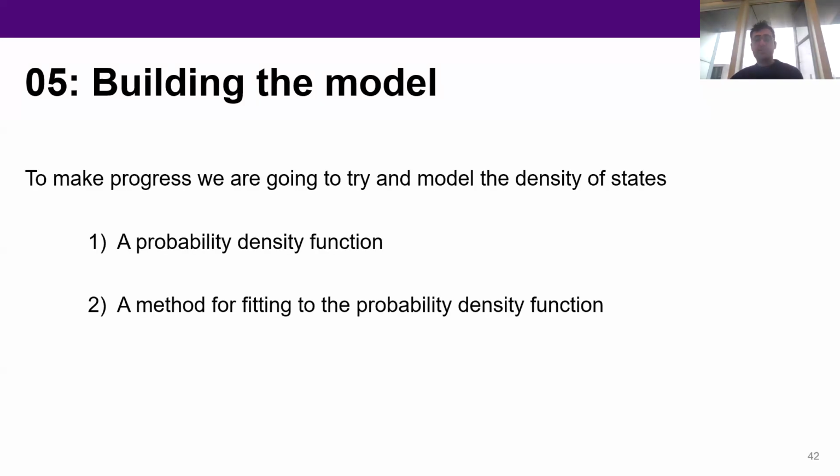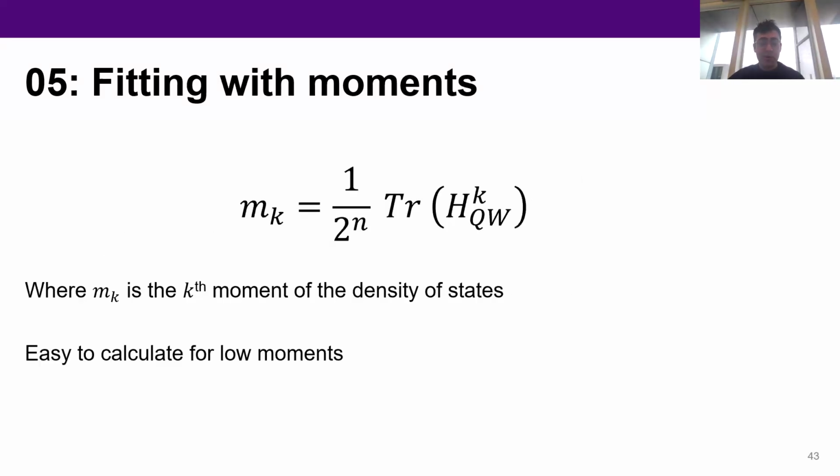So to make progress, we're going to try and model the density of states. And to do that, we need two things: a probability density function and a method for fitting to this probability density function. I'm going to focus on the second of these to begin with. So what we can do is fit our probability density function using moments of our density of states.